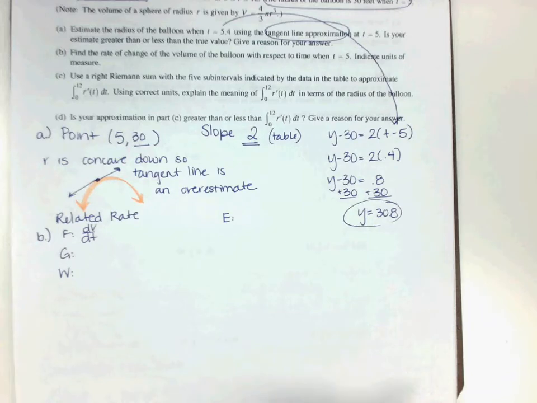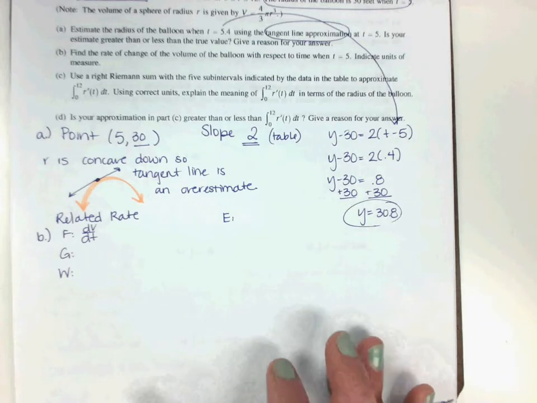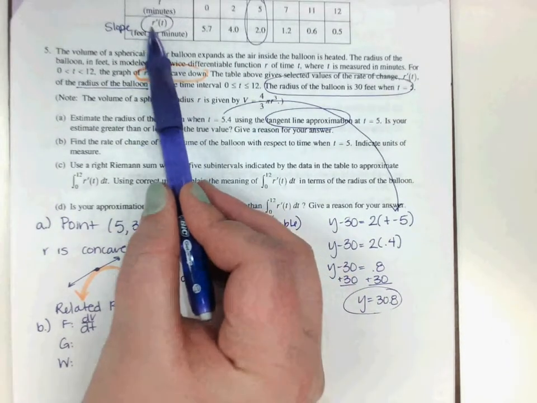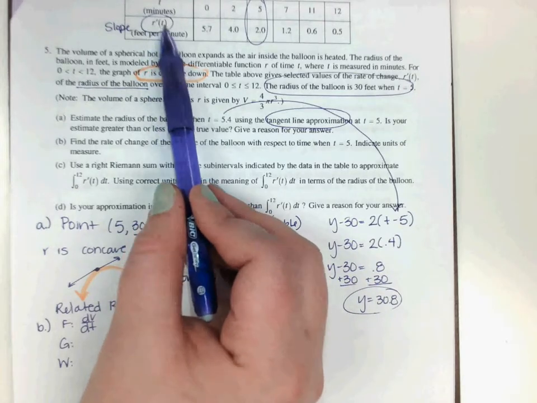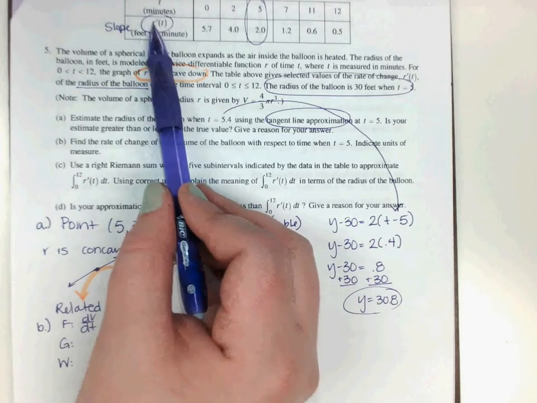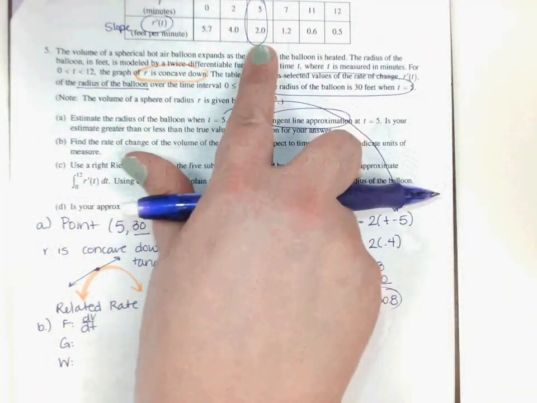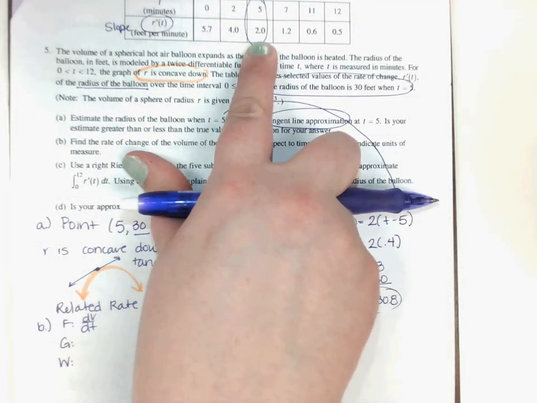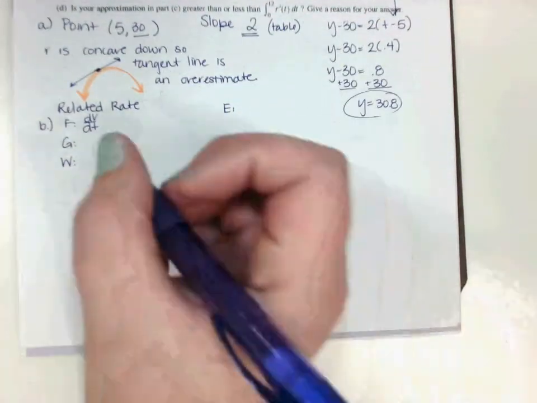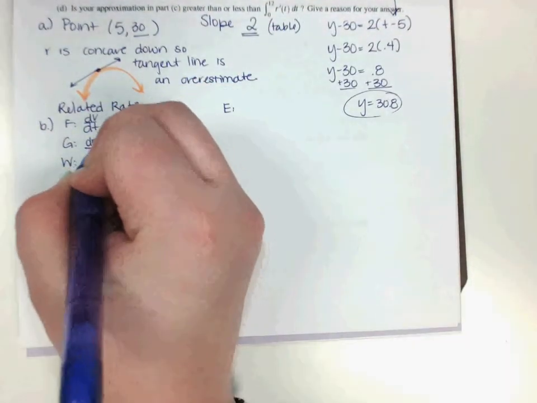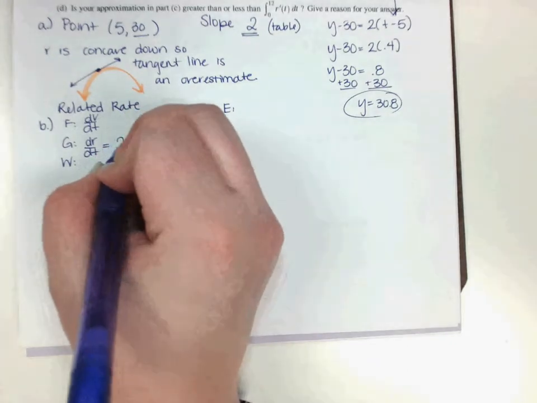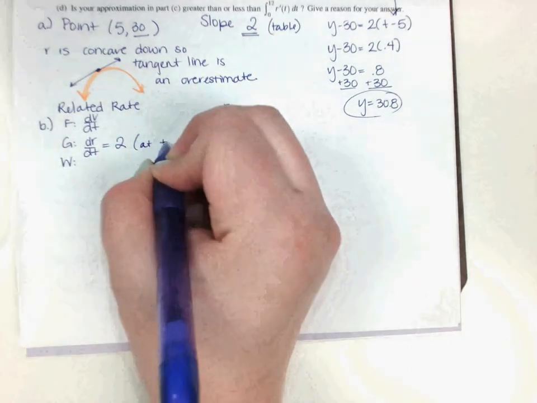And what did they give me if they told me here what r prime is? That's another way of saying dr/dt. And what was dr/dt at 5? 2. We already know that from before, right? So we were given dr/dt in the chart, and we know it's 2 because we're looking at time 5.